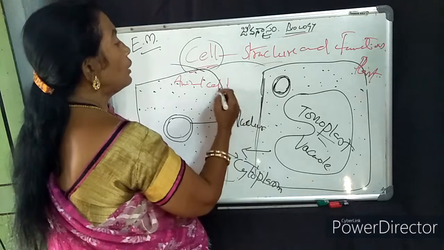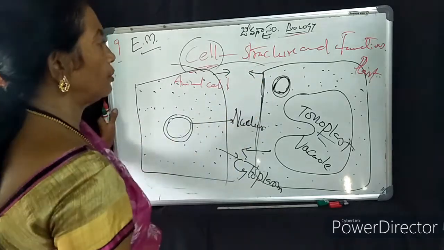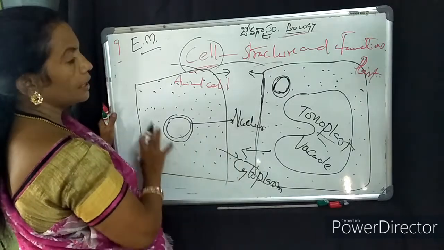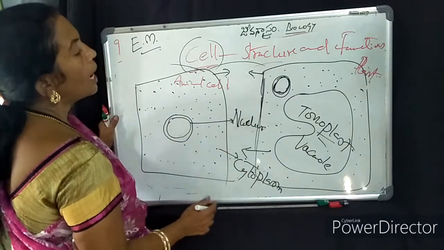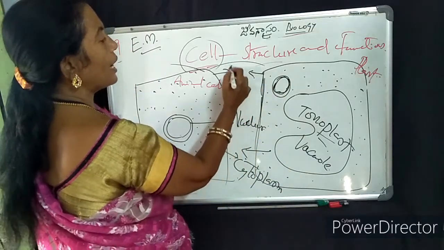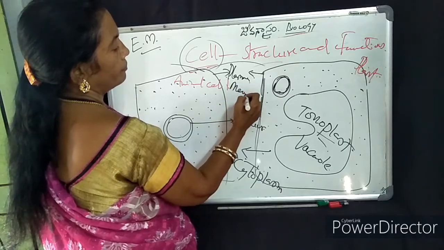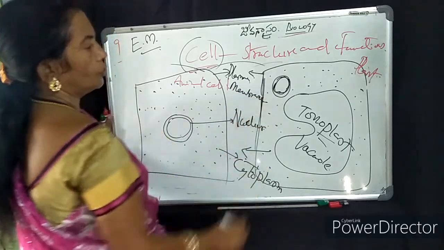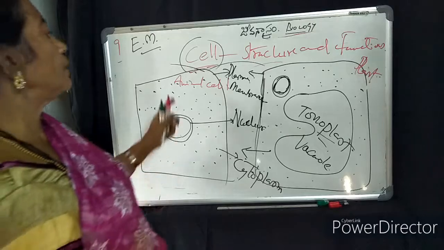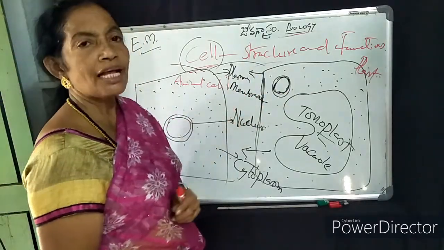And then we come to the outer layer of the cytoplasm. We call this liquid cytoplasm, and this cytoplasm is covered with the plasma membrane. So there is no difference between animal cell and plant cell in the plasma membrane.